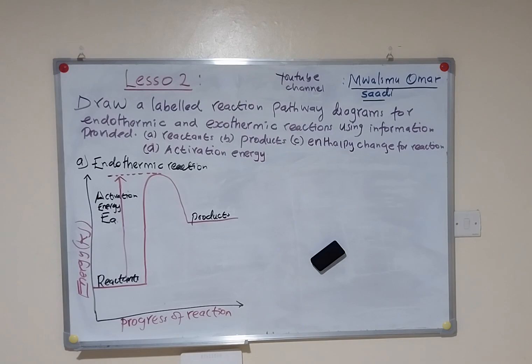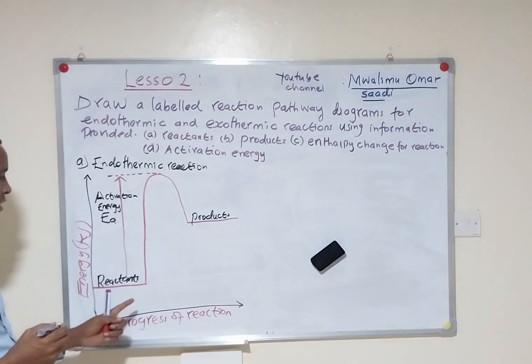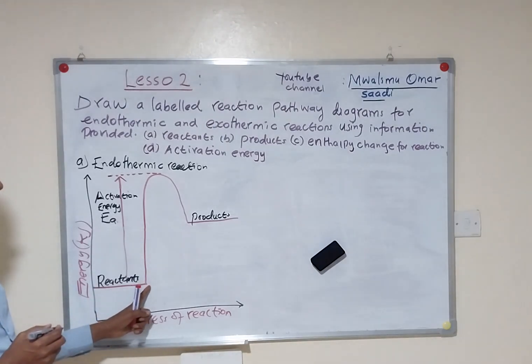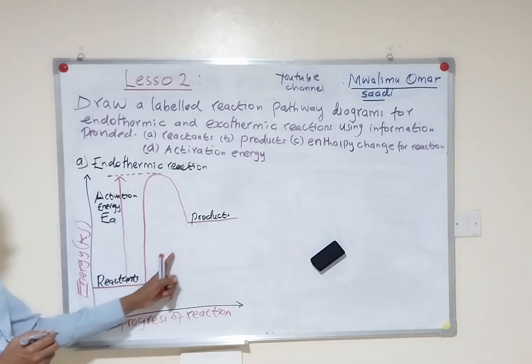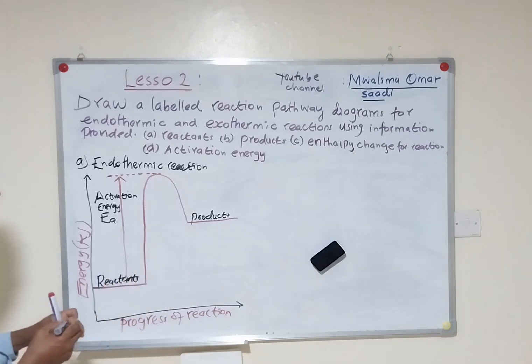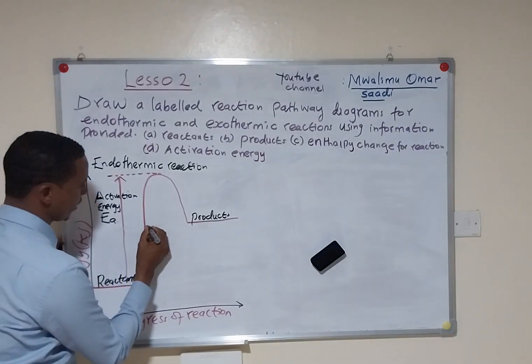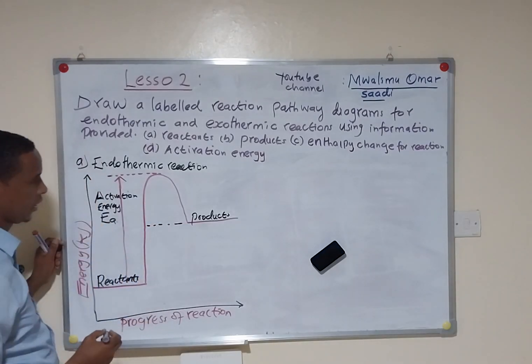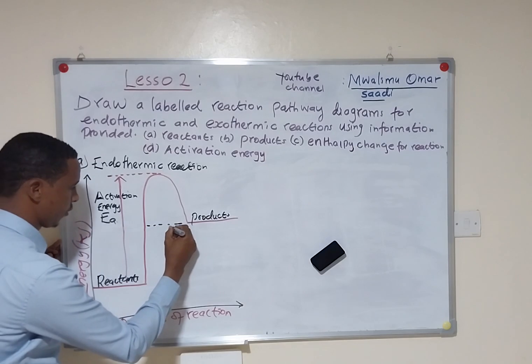The enthalpy change for the reaction is the energy from the reactants to the products. So that is the enthalpy change for the reaction.